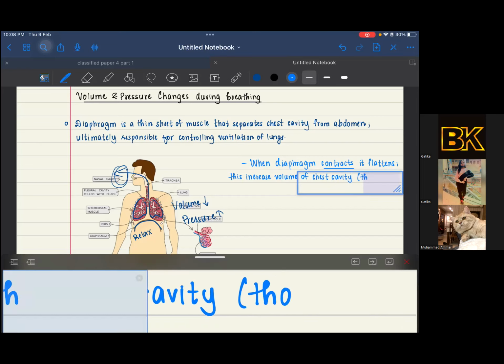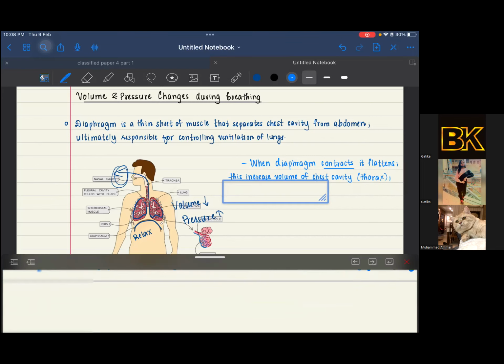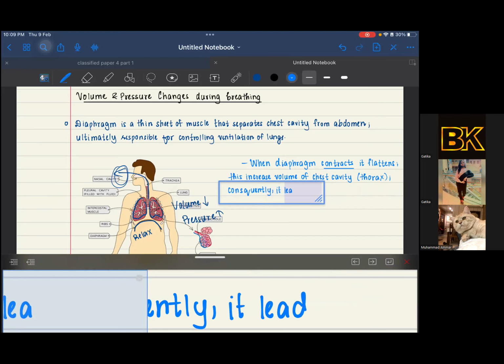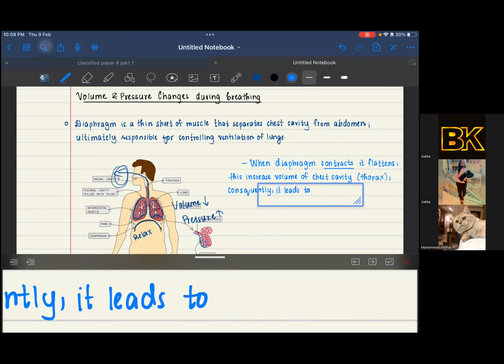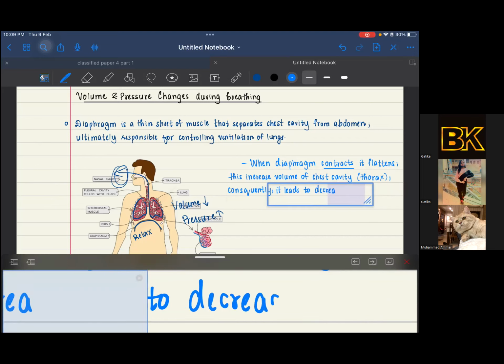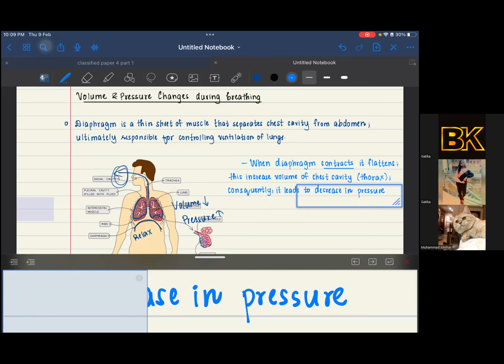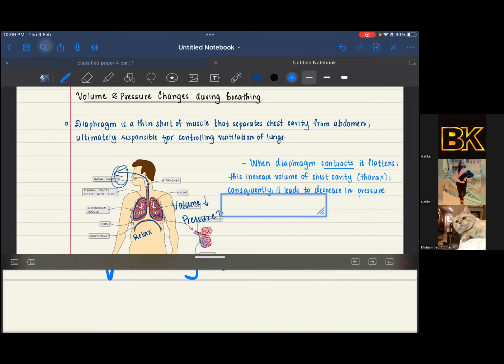You could say thorax. Chest cavity and thorax are the same thing. You can use anything. Consequently, it leads to a decrease in the pressure inside the lungs relative to outside.